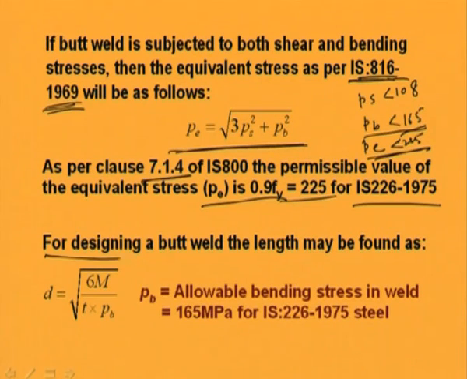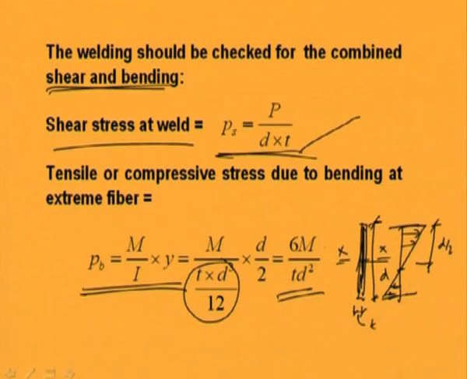Now for designing the butt weld, the length can be found out from this equation, that is d is equal to root over 6m by t into pb. Where we got this equation? Basically from here we get, because we know pb is equal to 6m by td square.